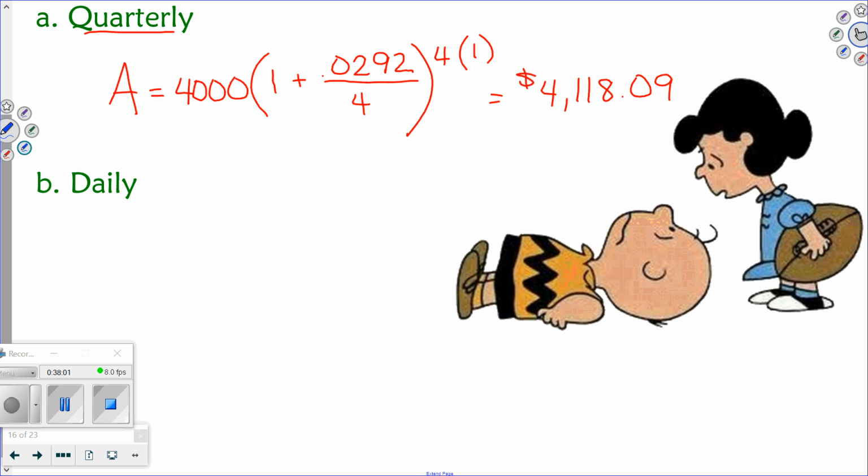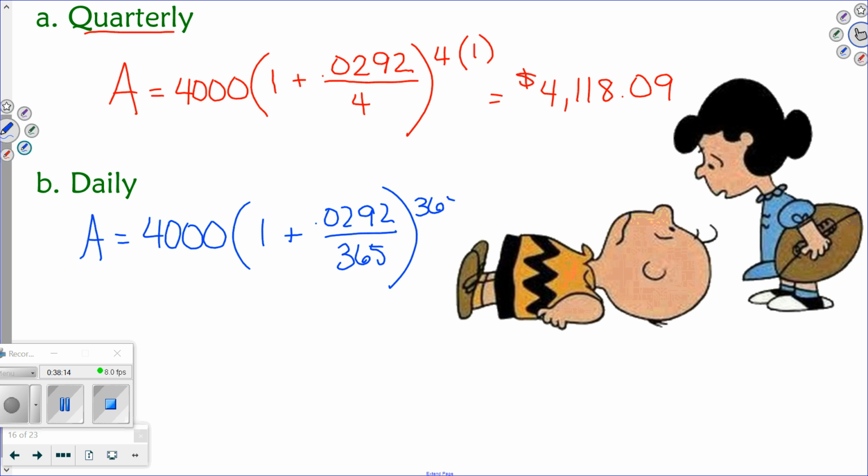Should be more, because I'm compounding it more often. Daily is going to be 365. $4,118.52.